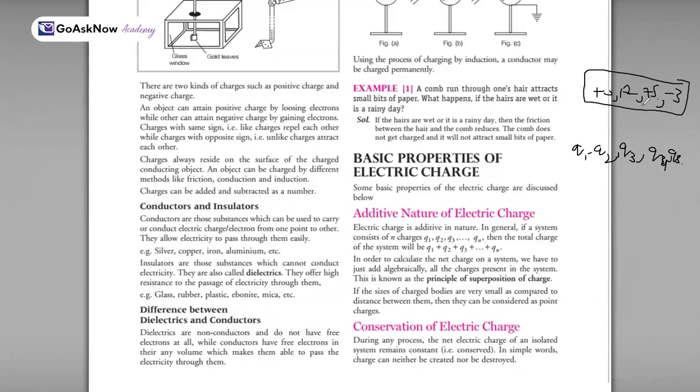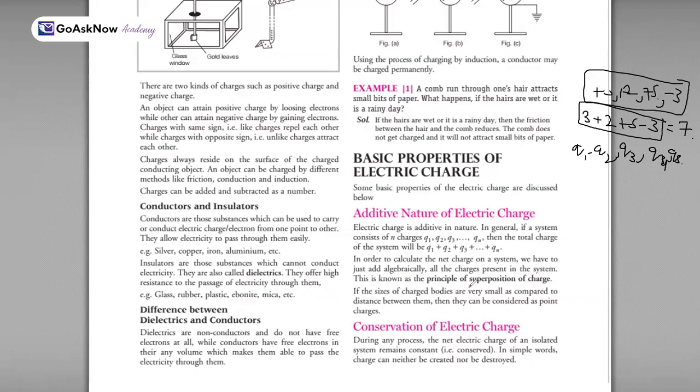If you have to find the net charge inside this space, you simply add them with their signs and you will get the net charge. 5 plus 5 is 10, minus 3 is 7. So the net charge will be 7. This is the additive nature of electric charge.